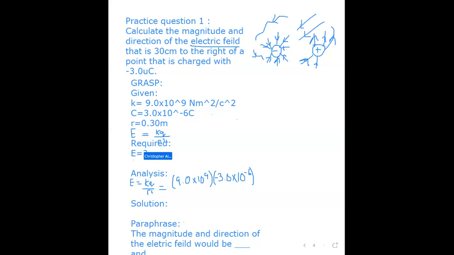It's still going to be 300,000 either way, whether you include positive or negative, but in your paraphrase you would state the direction as well.